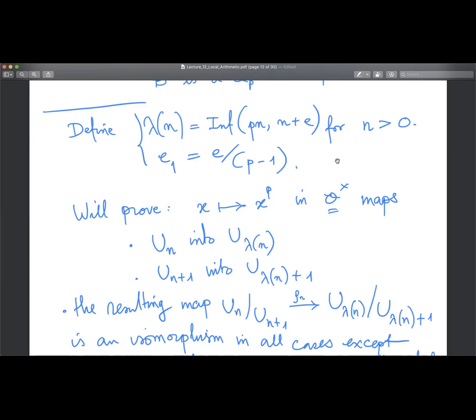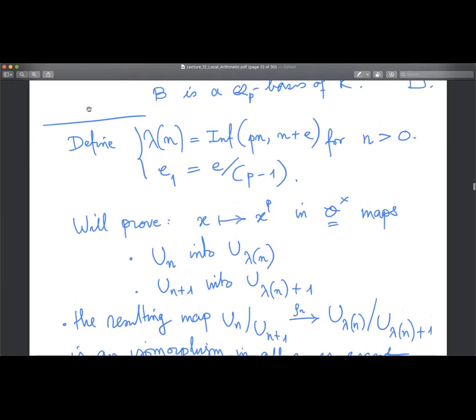So today, we are going to do what happens when the characteristic of the p-adic field is equal to 0. So here goes. We are still assuming that the characteristic of the p-adic field K is 0, and we define this lambda n as being the infimum, whichever is smaller.